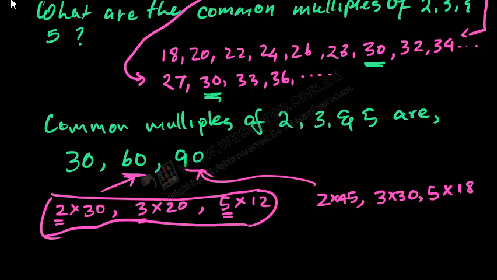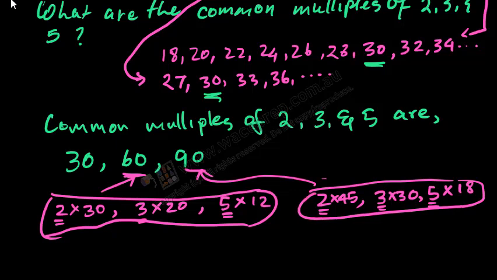I was just checking the calculation. So it also seems that 90 is a common multiple of 2, 3 and 5 as well. Okay, so we have found the common multiples of 2, 3 and 5.